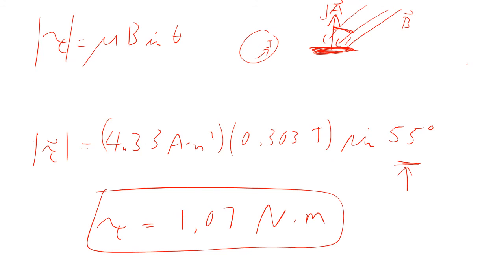Now, if we want to do the torque vector, we need to figure out which way it is. So in this case, it's mu cross B, in side view. The current is going away from us on this side and towards us on that side. Right hand rule: curl your fingers in the direction that the current's going, then mu is in that direction, and B is in this direction.